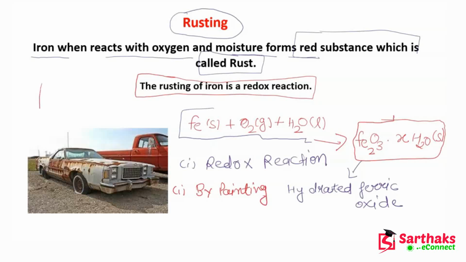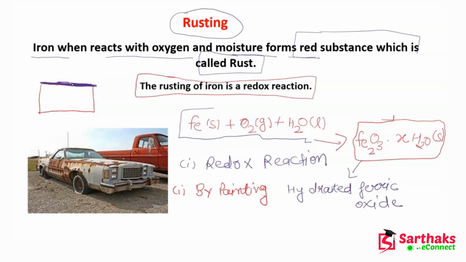So guys, let's suppose this is your iron, and if I paint the surface of the iron like this, then what will happen? This paint will form a layer, and this layer will basically stop the iron from being attacked by the oxygen and the water vapor, or you can say the moisture present in the atmosphere.